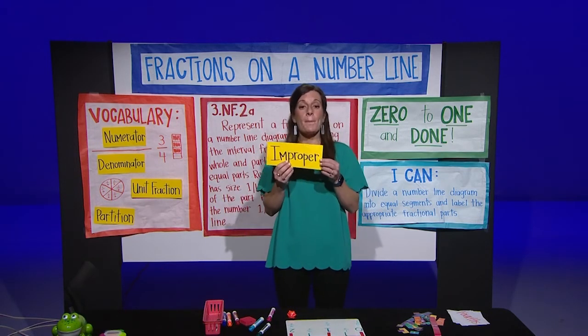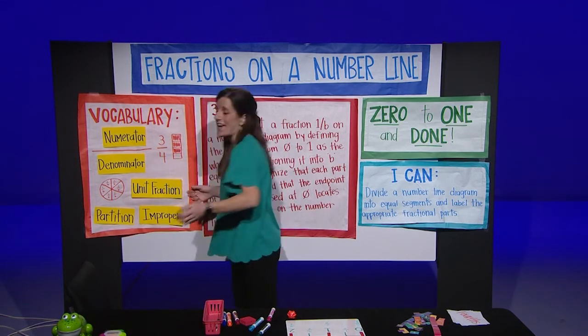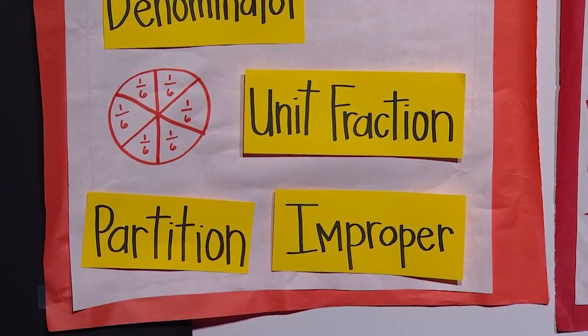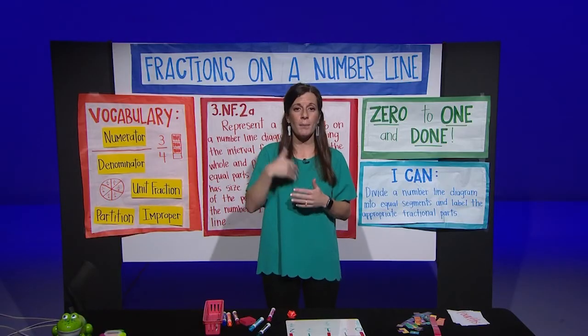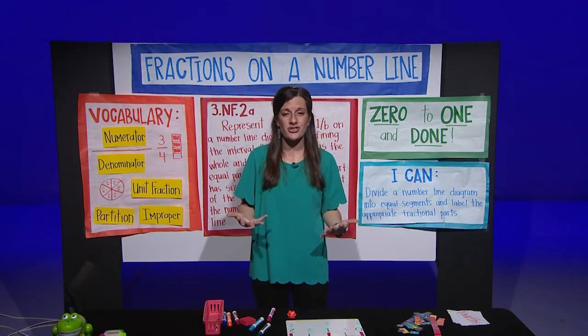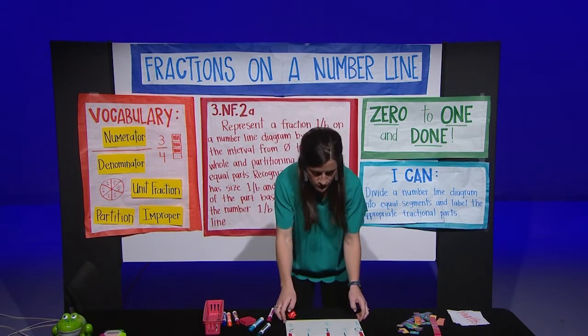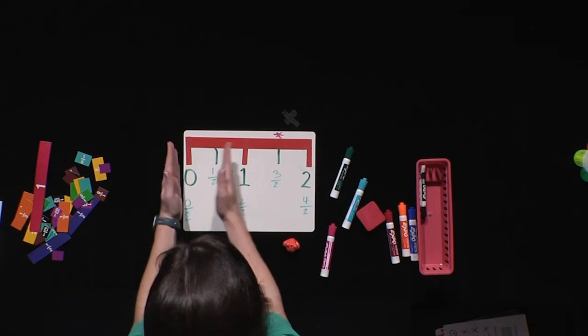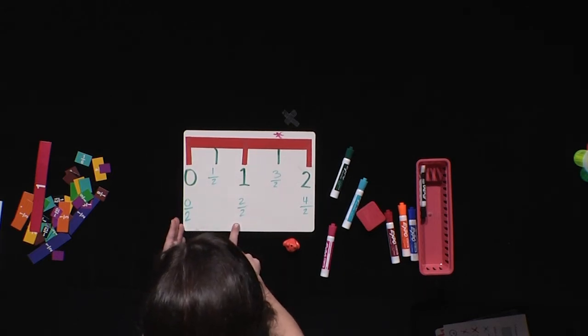The word improper. An improper fraction is a fraction that has a large number on top rather than on bottom. Improper fractions are fractions greater than 1. So look at your number line. When you see the fractions less than 1 whole, you notice that the bigger number is on bottom.